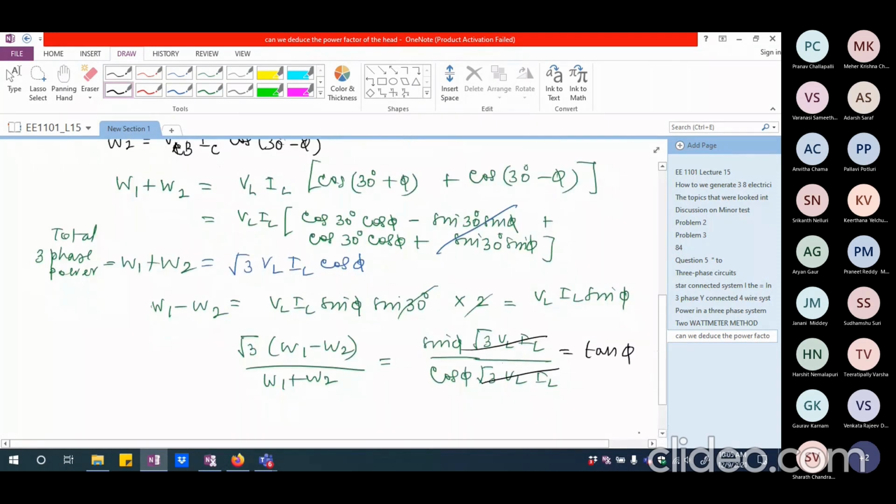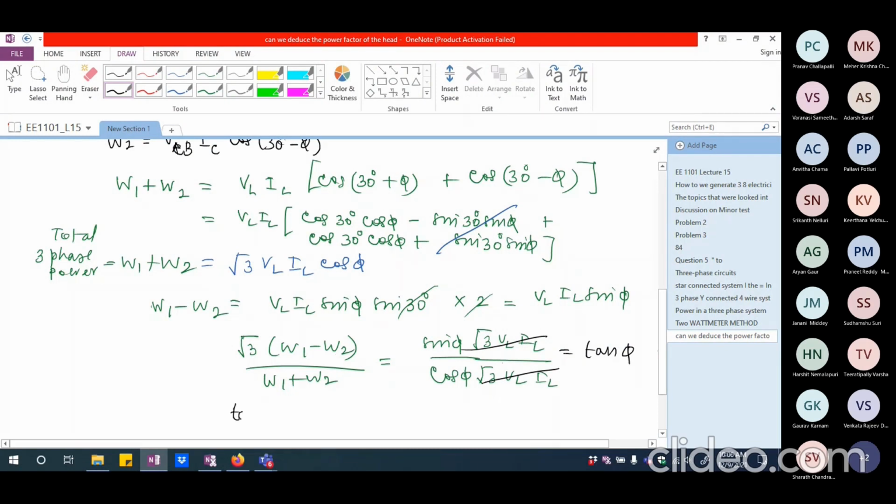So the phase angular shift between the two quantities in every phase, that is the voltage and current in every phase, can be obtained if I just do the 2 wattmeter method of power measurement.